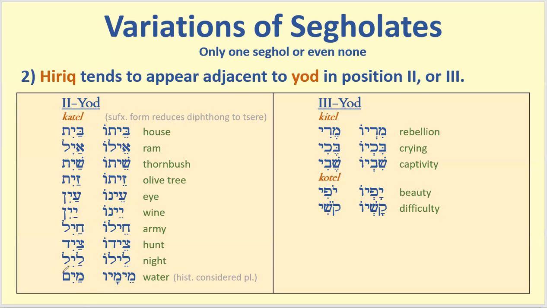And then mayim, this is a very interesting word because it ends in a mem, which makes this ayim sound at the end, which in Hebrew is the dual plural suffix. So the original word mayim was probably just a singular segolate, but it was understood, or rather misunderstood, as a dual plural.